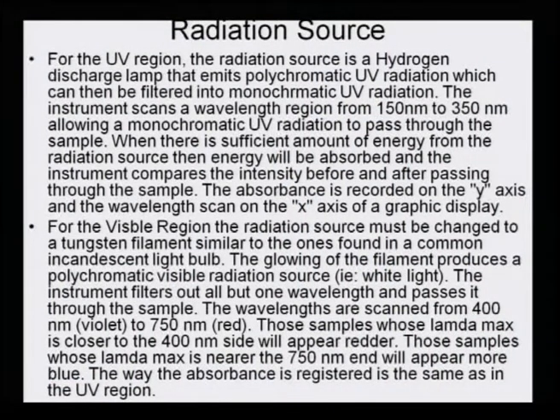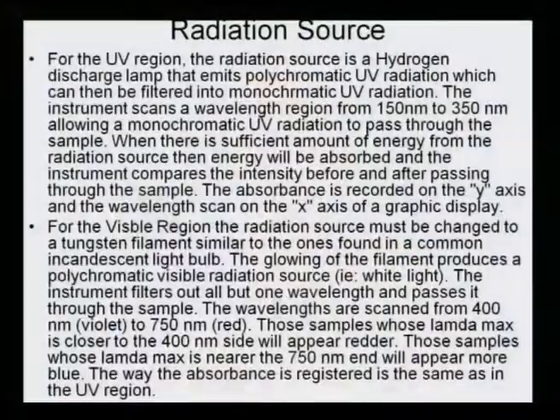The glowing of the bulb again gives polychromatic light, which is then filtered, and monochromatic light from the visible region is passed through the sample. The glowing of the filament produces polychromatic visible radiation, that is the white light.